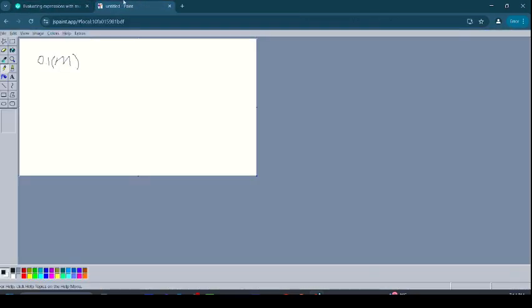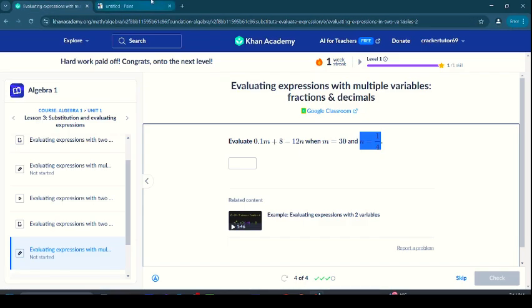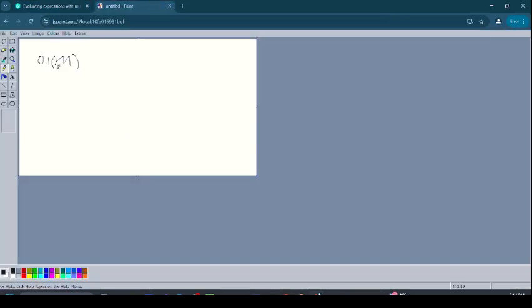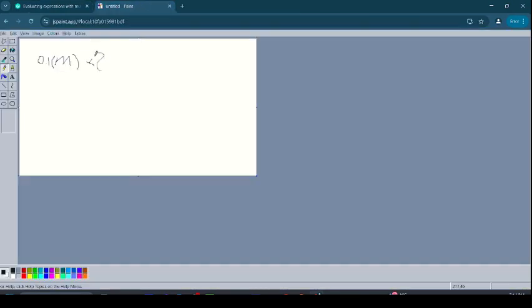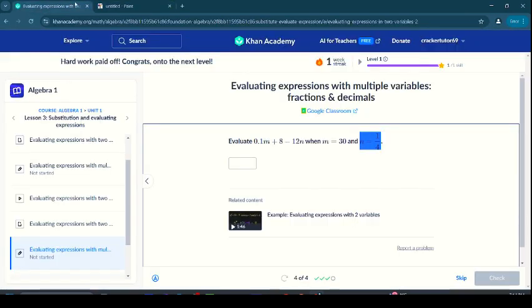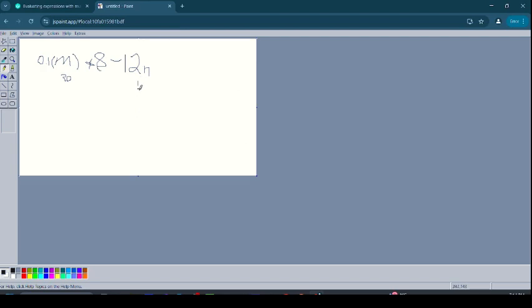However, it helps for when we are solving the equation to understand the operation that we are using. Parentheses are multiplying, if you were not aware. So plus 8 minus 12n, right? It's a plus, and m equals 30, so 30 and n equals 1/4.